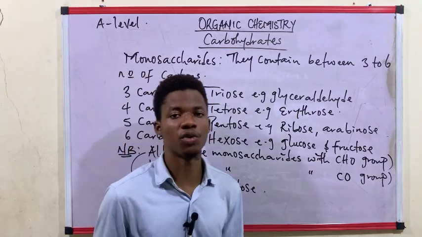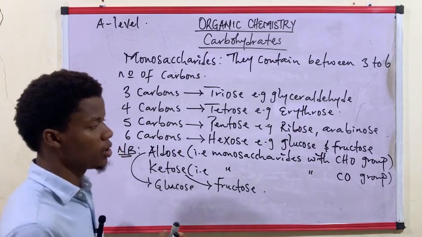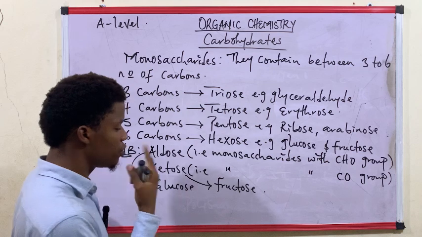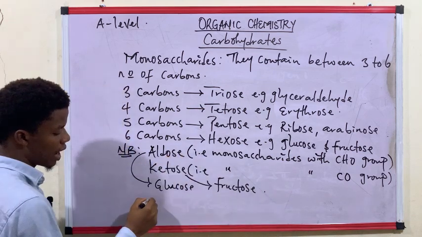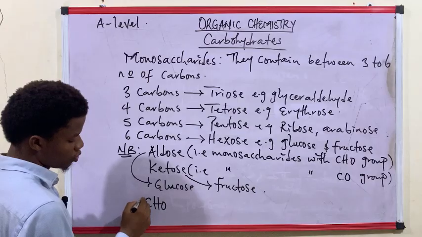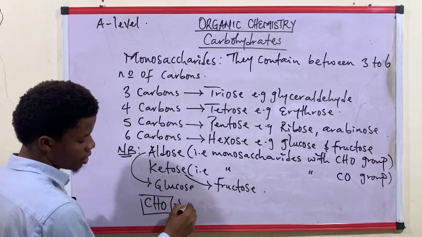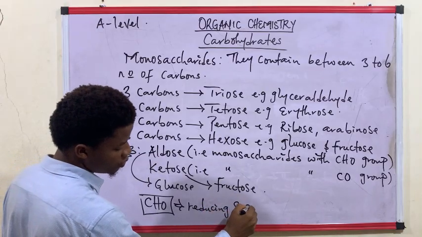This is the reason why glucose is a reducing sugar. Glucose is a reducing sugar simply because it has the aldehyde group. Glucose is not the only reducing sugar.